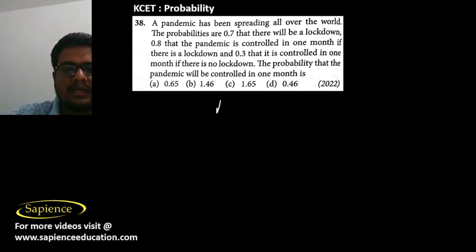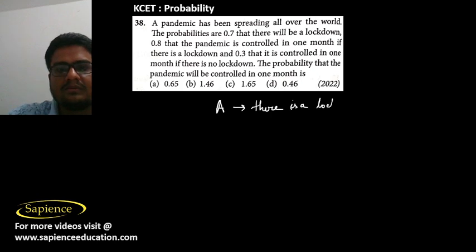So let A be the event that there is a lockdown. So A bar is the event that there is no lockdown.